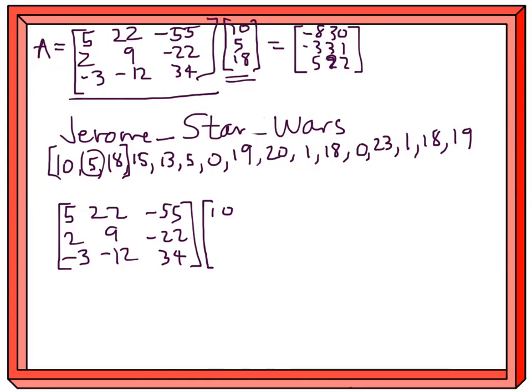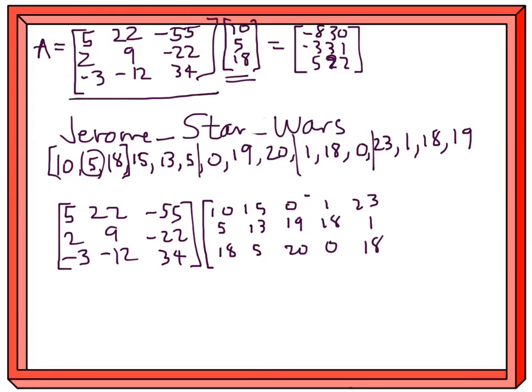So I got a 10, a 5, and 18, and then the next column 15, 13, and 5, and then 0, 19, 20, 1, 18, 0, 23, 1, 18, 19, and I have 2 spaces left over, so throw in some zeros.